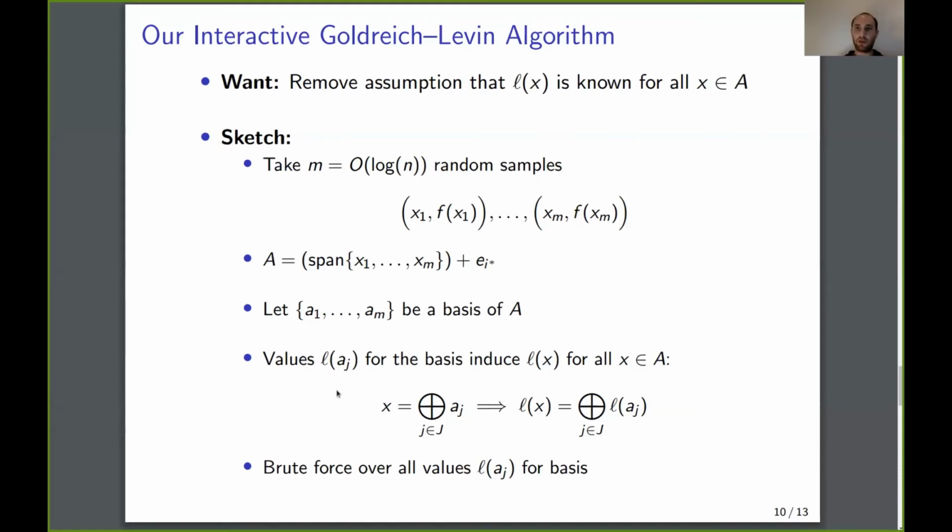So what the verifier is going to do is query f on A plus Ei for all the i's, as it was before in the baby case. And then when it gets those queries, instead of knowing what the value of L is on A, it's going to say, okay, if the value of L was this, then I'm going to get this heavy coefficient. If it was that, then I'm going to get that heavy coefficient. And it only has a polynomial number of suspected heavy coefficients when it works this way.